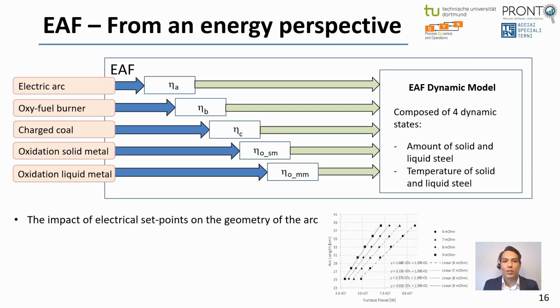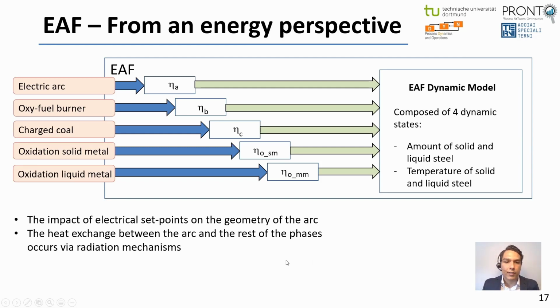Important considerations that we had during the development of the model are as follows. The impact of the electric set points on the geometry of the electric arc. This is particularly relevant if one considers the radiative heat exchange from the arc to the rest of the phases in the furnace. Therefore, we consider how the operative power level affects the length of the arc.